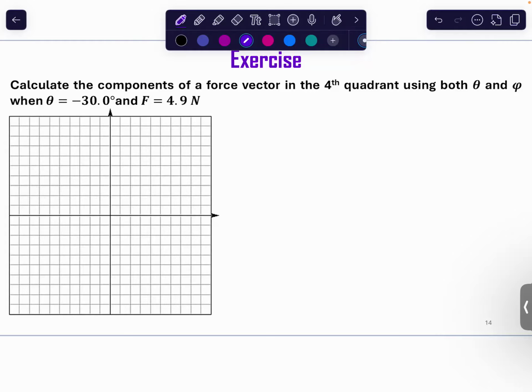Oh yeah, but it looks like phi is counterclockwise from the positive x-axis. Just forgot to write it in the problem. Counterclockwise from the positive x-axis, all the way around.